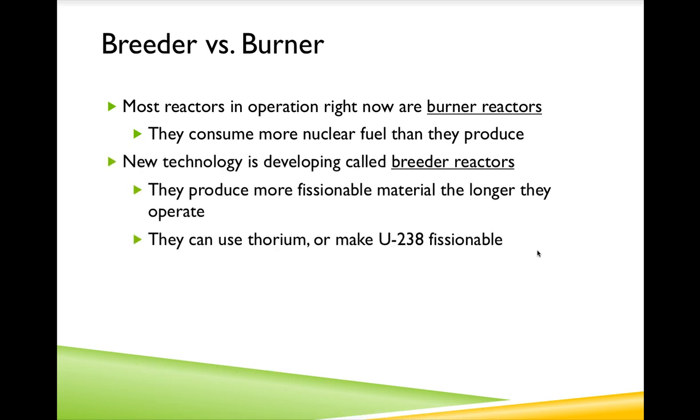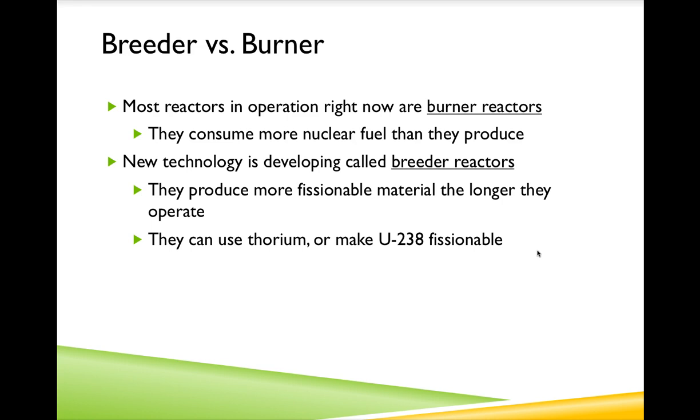Scientists are working on some new technology called breeder reactors. Now, breeder reactors actually produce more fissionable material the longer they operate. So if you fuel a breeder reactor, your end product is more fuel, which means that you could, in theory, make this process sustainable.